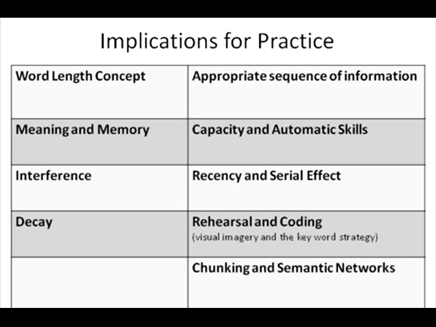And the coding process is how we get there. It is how we transform information into something that is meaningful and manipulable, and something that we in turn can move from short-term to working memory to long-term memory.